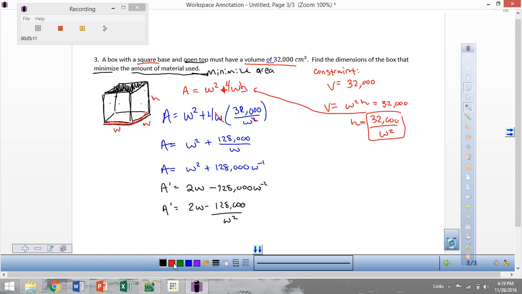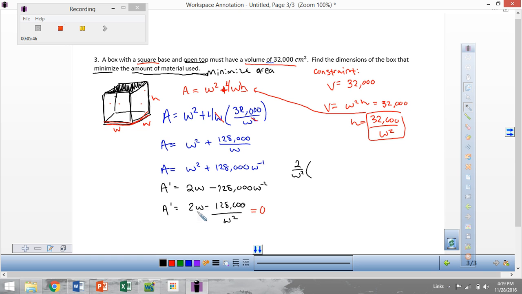Okay, and now I want to find where this thing is 0, right? So I want to set this equal to 0, which means I need to factor this. So to factor, again, like I did with the cylinder, I'm going to factor out a 1 over W squared. But instead of 1 over, I'm going to do 2, because I can factor out a 2 from the 2 and the 128. So I'm going to factor out a 2 over W squared.